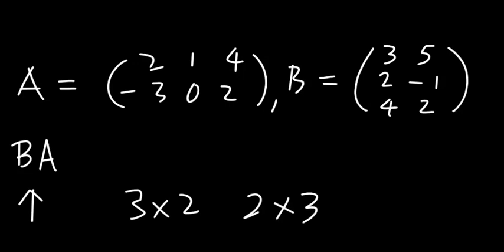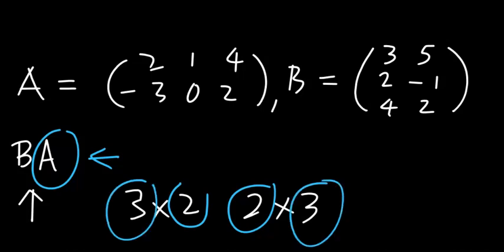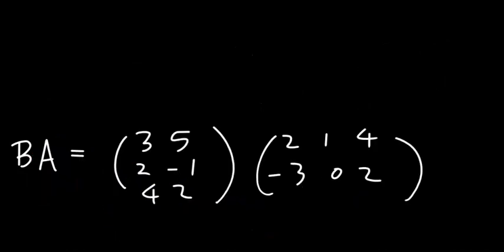So since the number of columns of the first matrix in the product is the same as the number of rows in the second matrix of that product, we can multiply these two matrices as well in that order. And the resulting matrix will be a matrix of order 3 by 3. Since we know it's going to be a 3 by 3 matrix, there must be 9 elements like that.